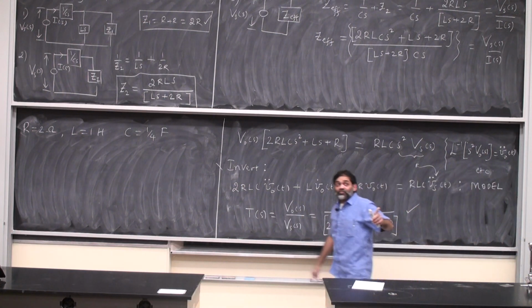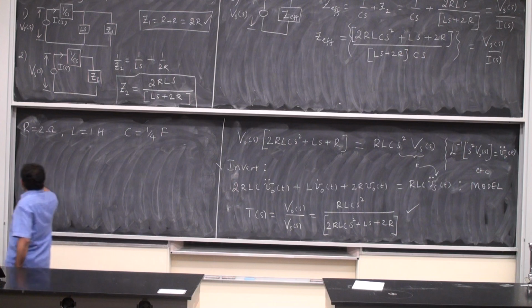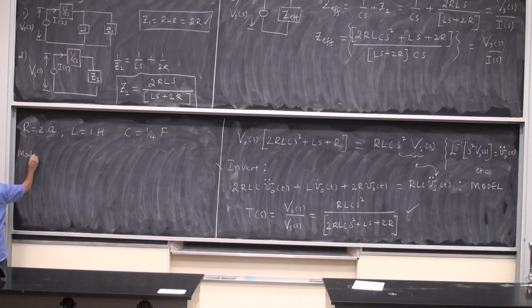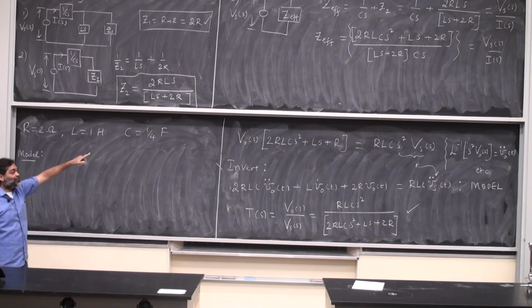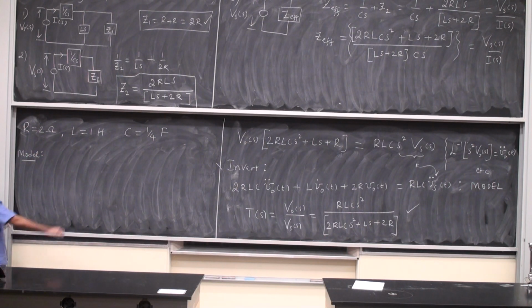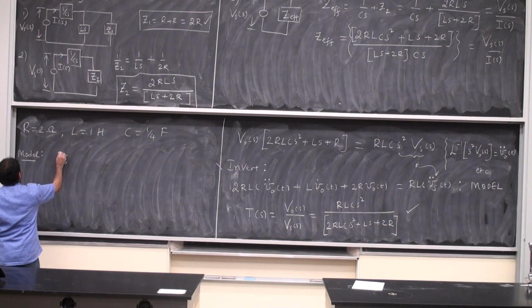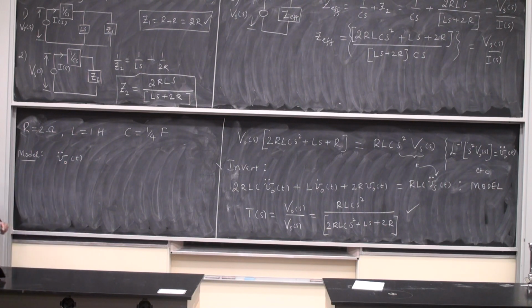I first write my system model. If I look at the system model, substitute 2 times RLC. So 2 times 2 is 4, multiplied by a factor of 1/4. So the first term in my system model becomes just V naught double dot. This is after just crunching the numbers.